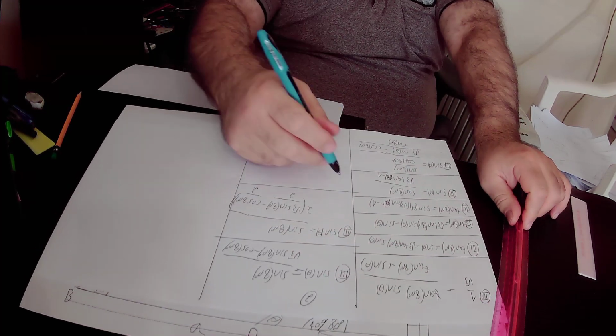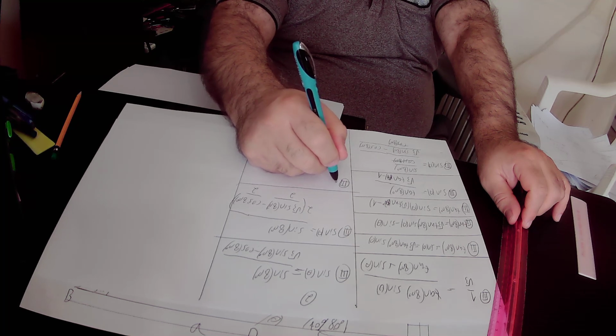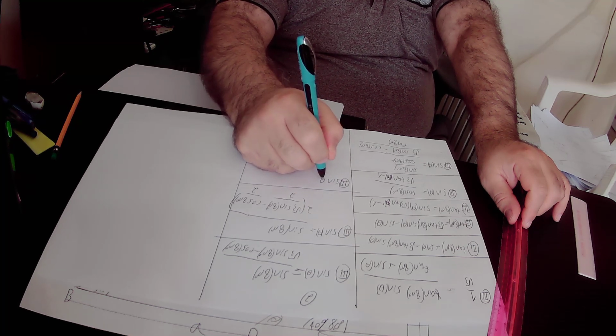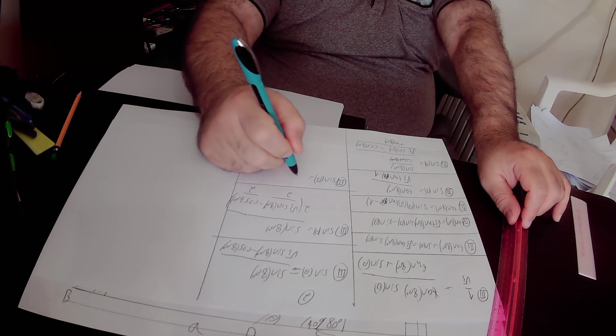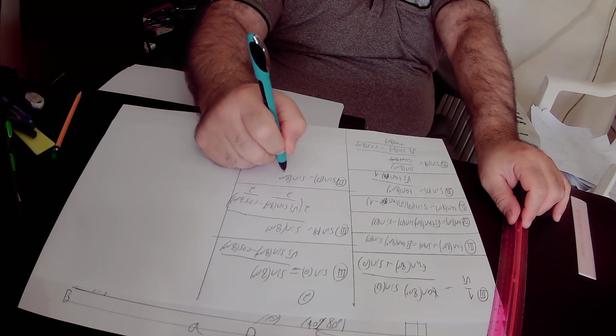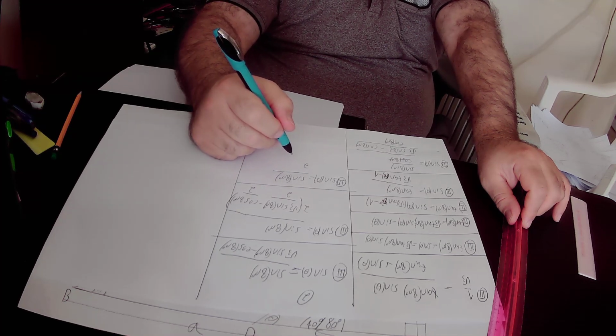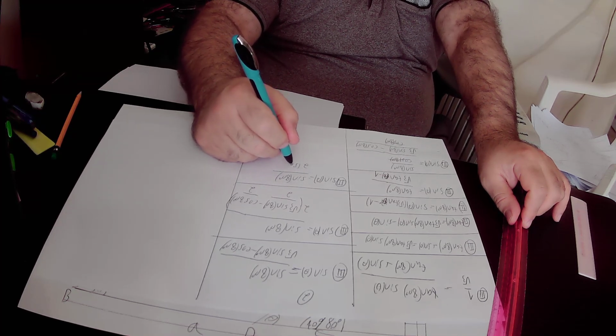So we get that according to equation number 3, sine theta equals sine 80 degrees over 2 times sine 80 degrees.